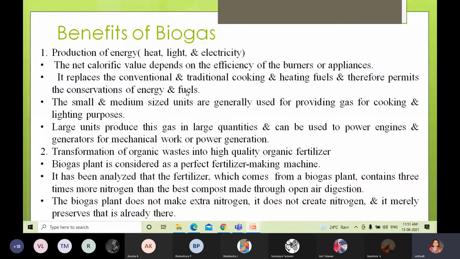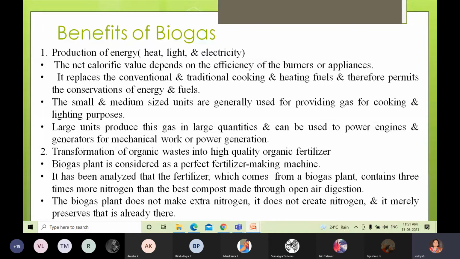It replaces conventional and traditional cooking. You can observe nowadays we are using gas, it may be HP gas, LPG, Indian gas, so many gases from different companies.